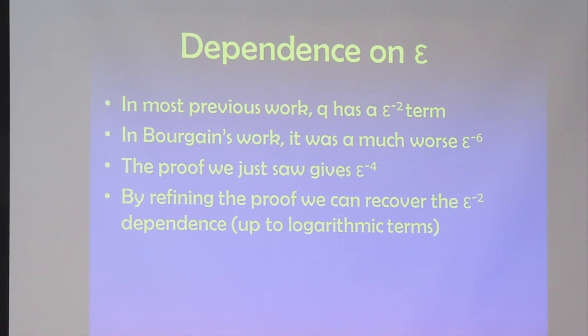The proof I just told you, if you do it carefully and figure out the epsilon, you get epsilon to the -4. And if you work a bit harder, you can get back the quadratic dependence on epsilon, up to some logarithmic terms. Some of it requires work, which is something I don't fully understand, because in previous work it was automatic. You just get the epsilon squared. And here we had to do some extra work to get the epsilon squared dependence. Just an anecdote, I don't know why.